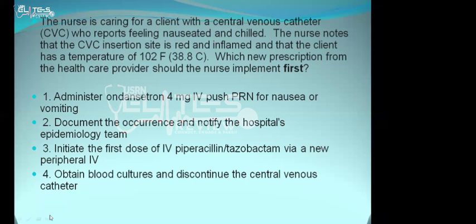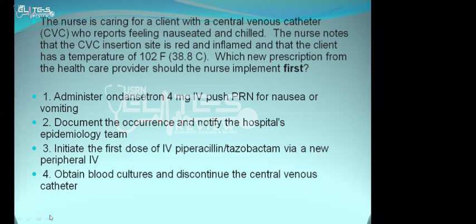Okay, with the scenario, I would choose option 4, which is obtain blood cultures and discontinue intravenous use. With what I read in the fundamentals, and even with my knowledge, I know that having high temperature is an indication of infection, especially with the scenario. And also the site is inflamed and red.